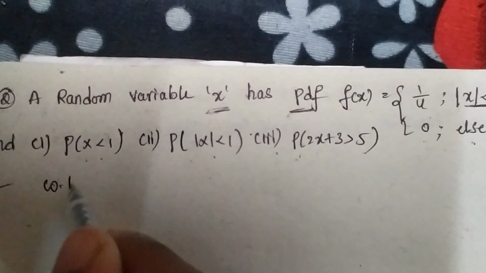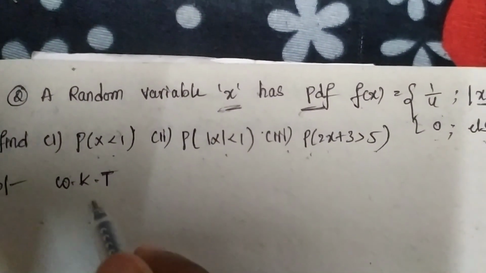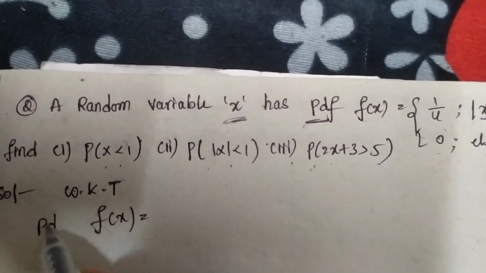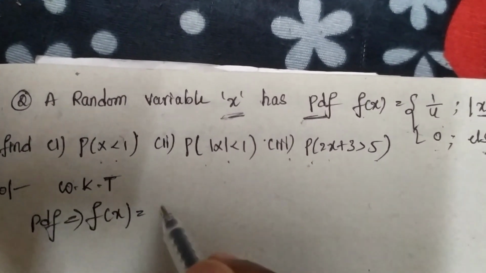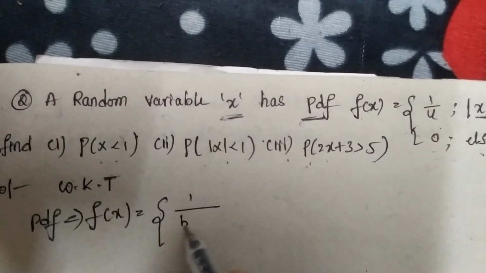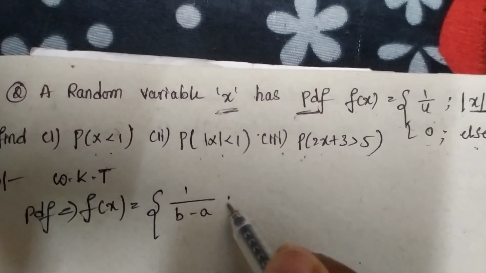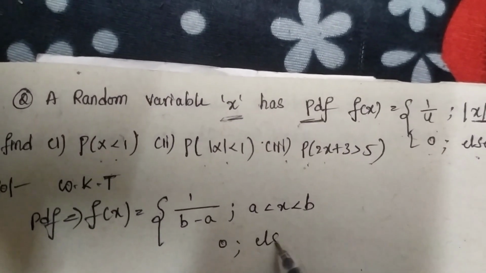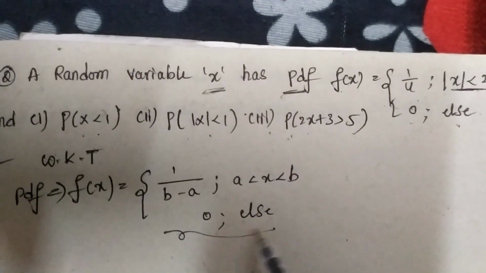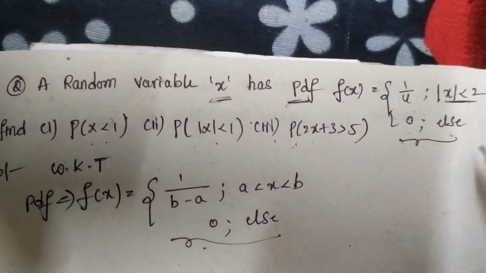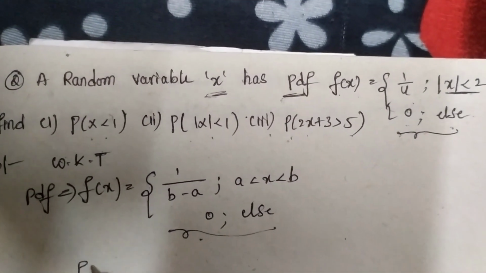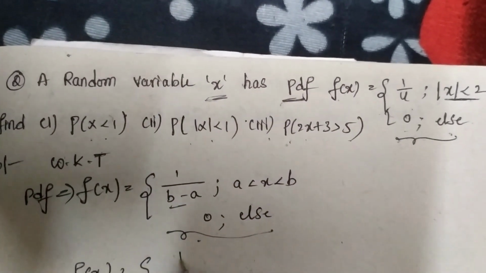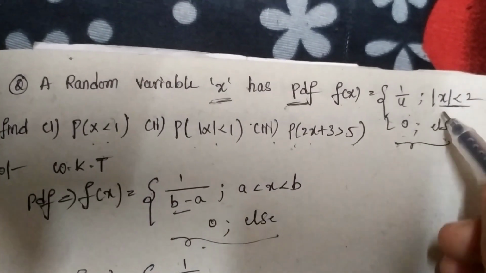Here we know that small f of x is for the probability density function, with the formula 1 by b minus a for a less than x less than b and 0 otherwise. Comparing this function and the given function, we replace f of x equals 1 by 4, and it is in mod type.